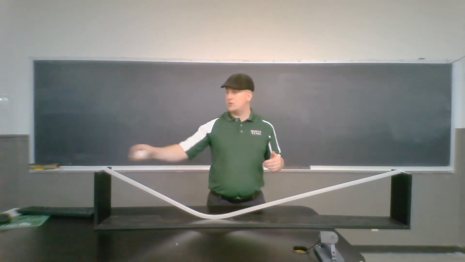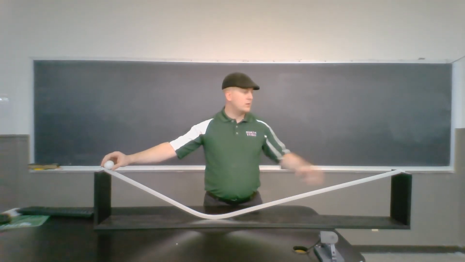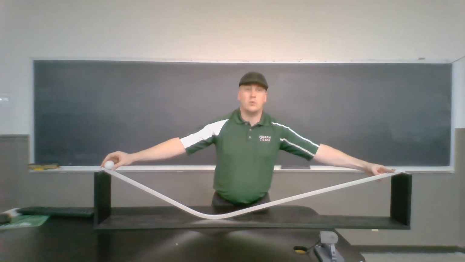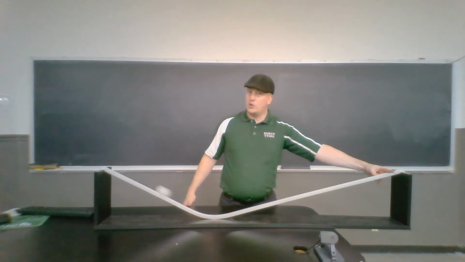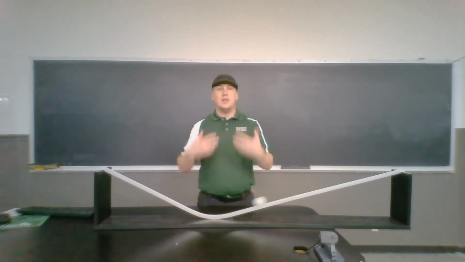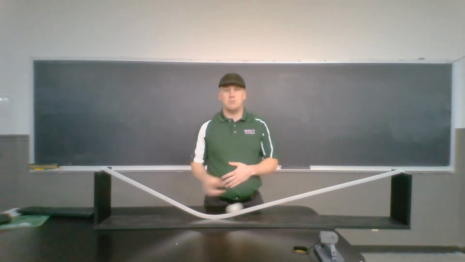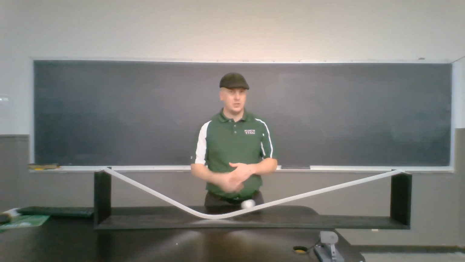So now to do something similar, we'll start over here. I'm going to guess that the ball should get to about where my finger is, and I'm not going to move it. I got a little bit shy of that. And as you can see, we can see the energy loss of the system because the ball is not getting up as high as it initially was.